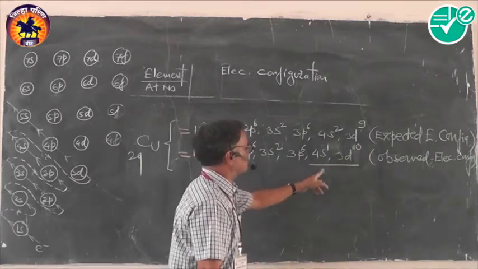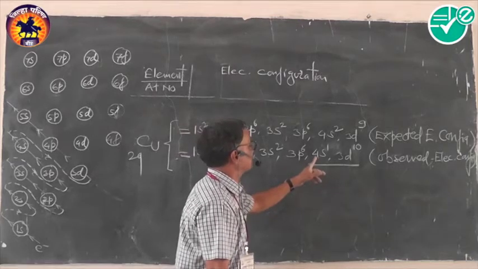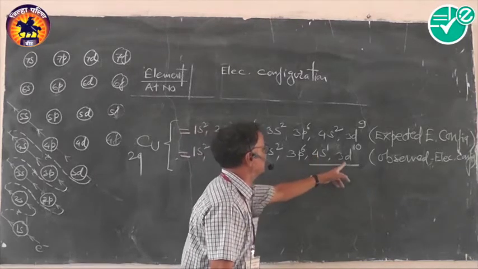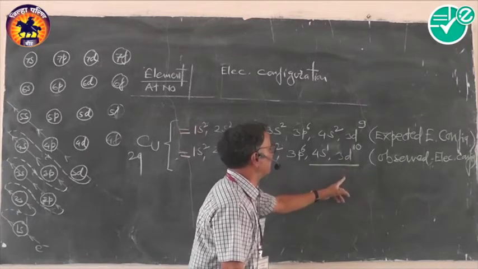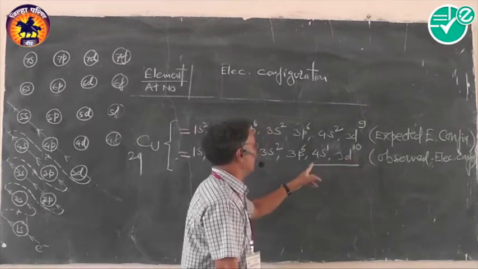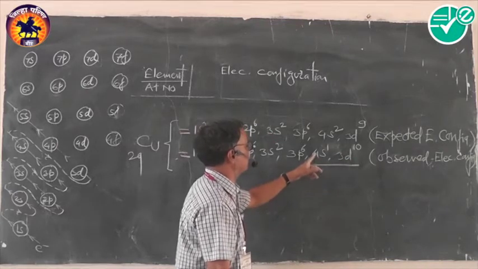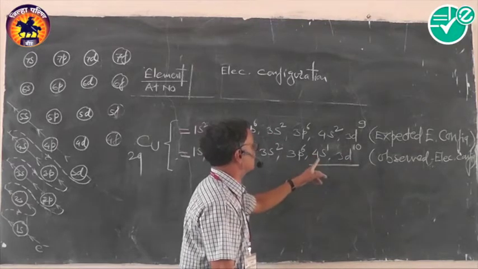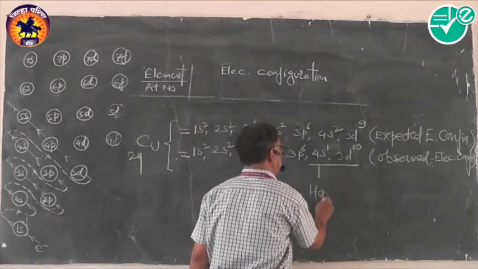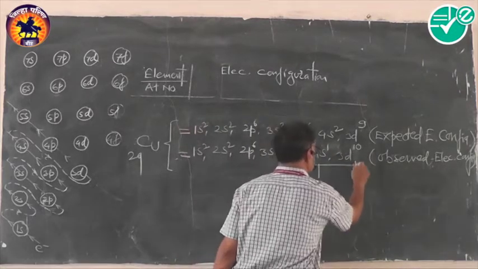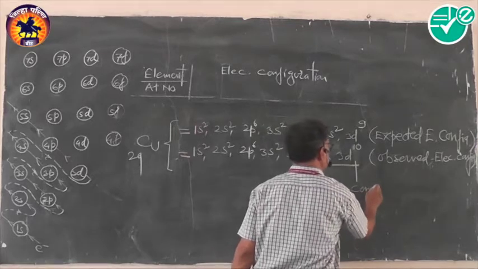Due to the transfer of a single electron from 4s to 3d, one electron is added to 3d, so it becomes 3d10, and one becomes short in 4s, hence it becomes 4s1. So 4s1 becomes half filled, and 3d10 becomes completely filled.